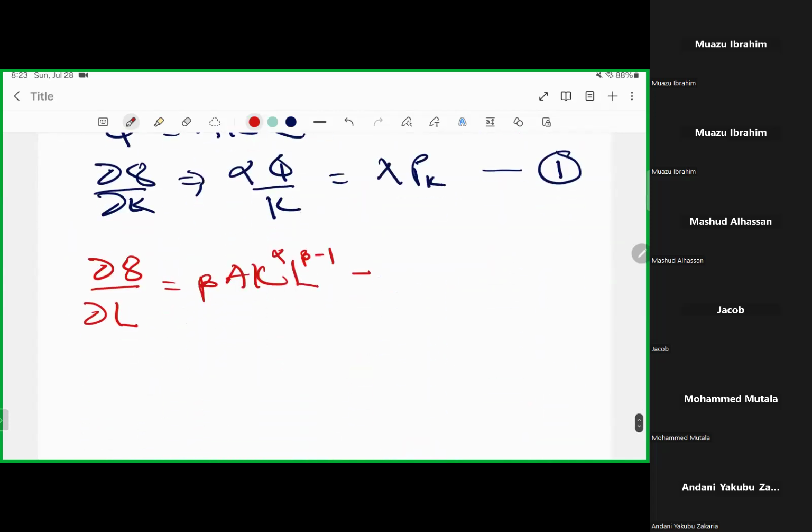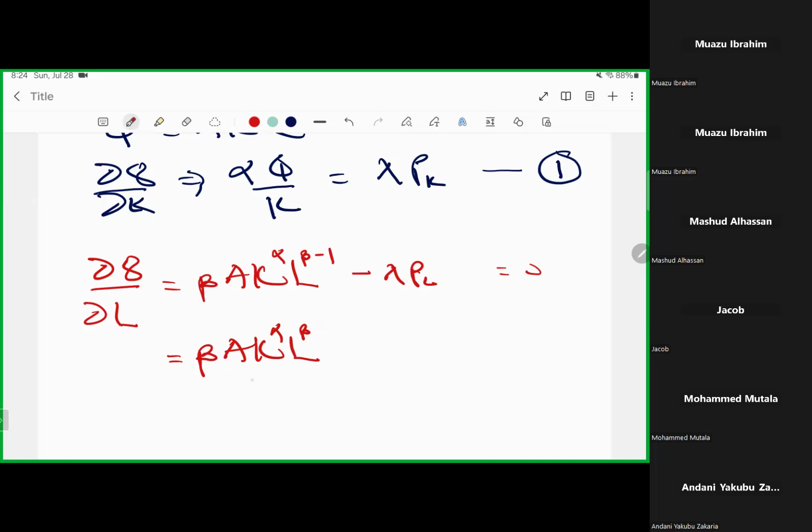So we will have lambda PL. Remember, we are equating it to 0. So here, the same thing, we can break this down, which means that our beta, which is the input elasticity for labor, alpha, beta minus 1, this one.